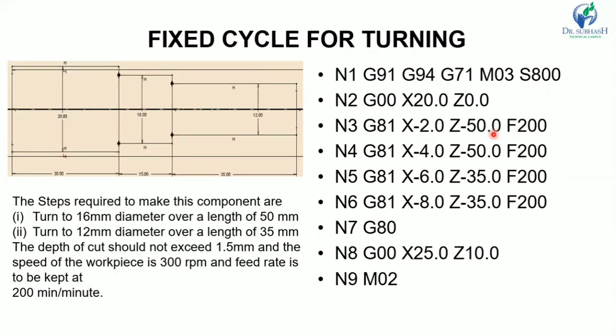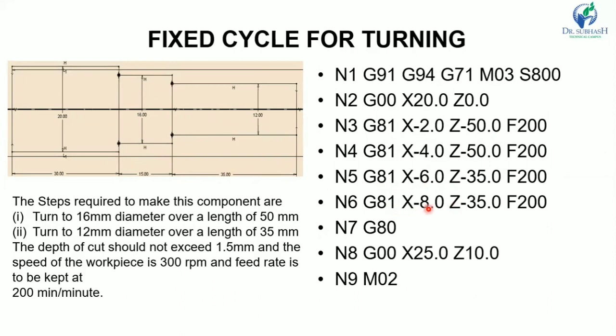Now for the 50 mm, 35 up to here, 2 mm depth of cut. Then X-4, Z-50. Again F200. CAN cycle X-6 up to here. Now 35, so up to here.